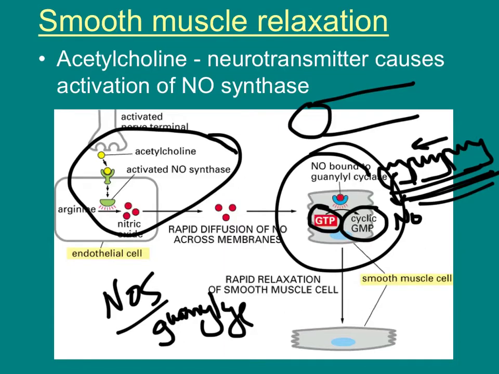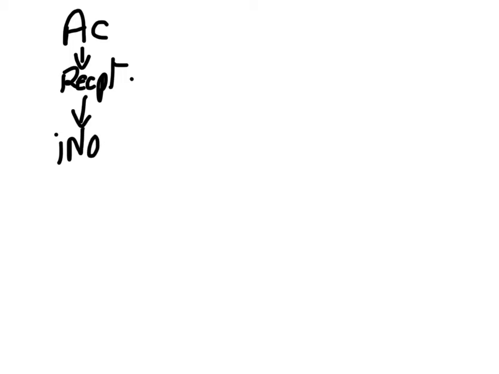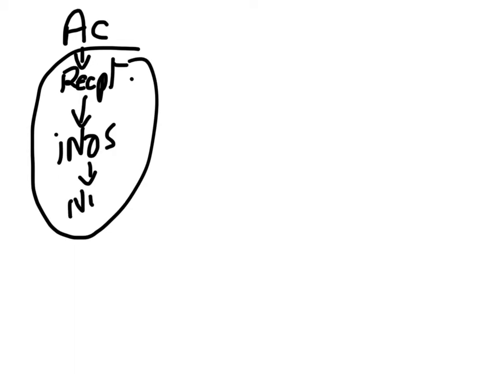What have we done so far? This is a signaling cascade. So you had acetylcholine, AC, bound to a receptor. That caused this cell to activate NOS. And this cell, so this is all one cell here, made nitric oxide.